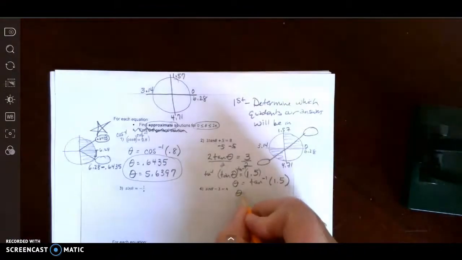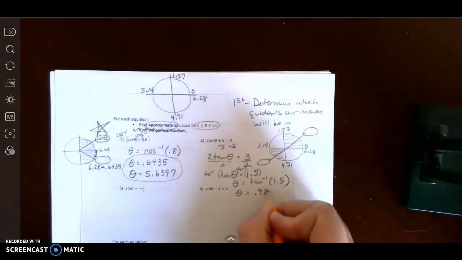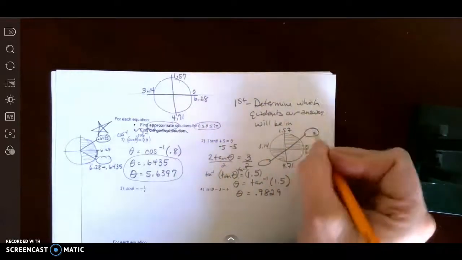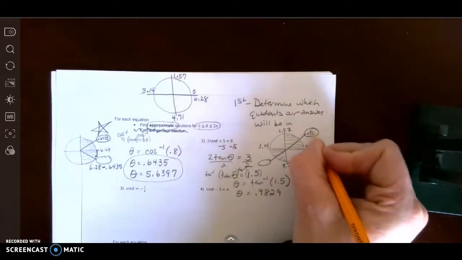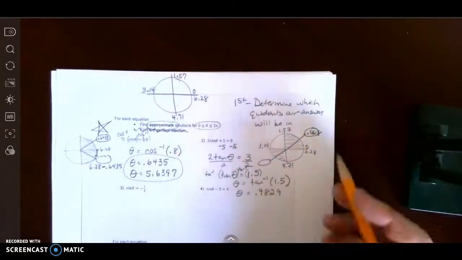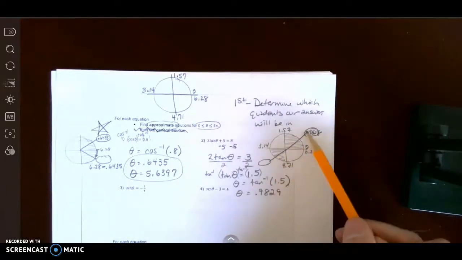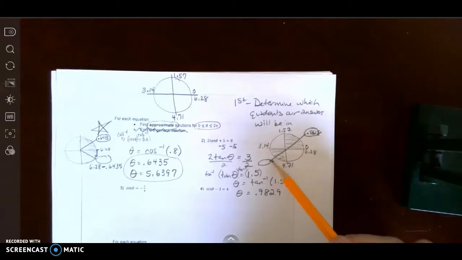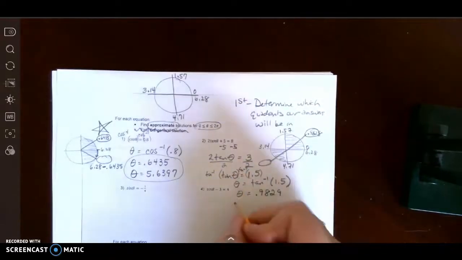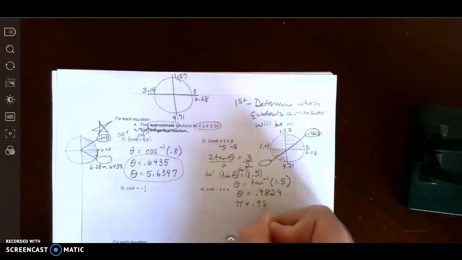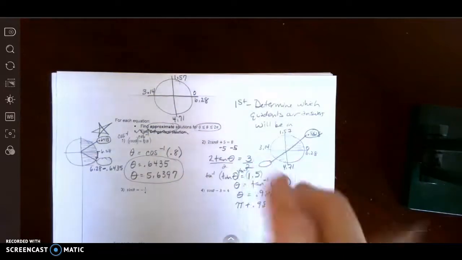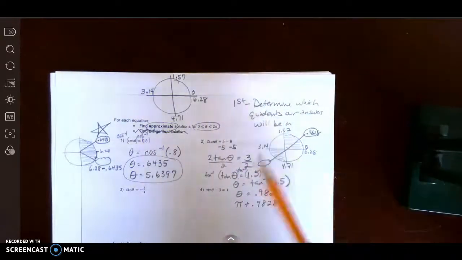So theta equals 0.9828. That answer must be here. And remember, when you go diagonally across the straight line, you're adding pi. So to get this answer, it's going to be pi plus 0.9828. I don't know why I wrote 29. It was 9828. Sorry about that.